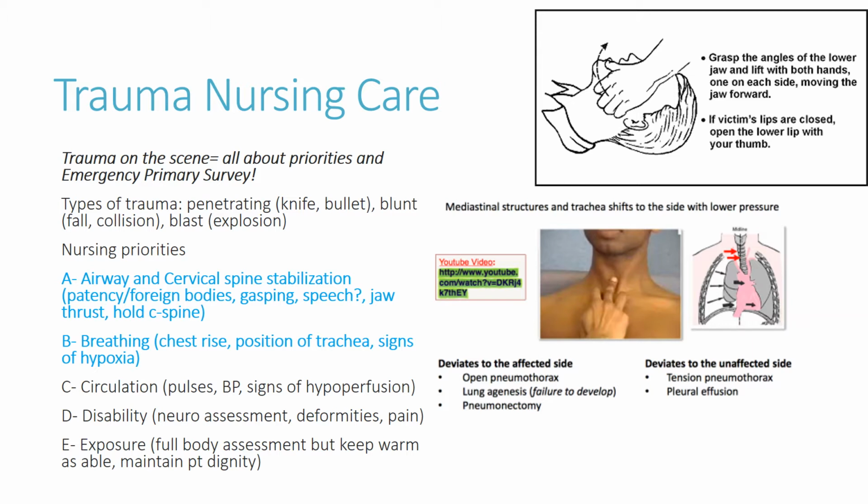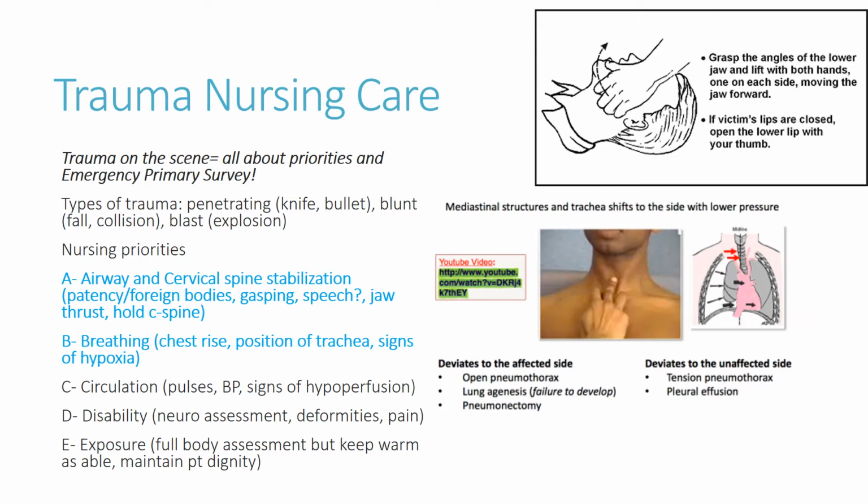So in the case that the airway is compromised, the nurse would perform a jaw thrust. And notice this is different than what you may have heard in your CPR courses, for instance, that head tilt chin lift. Because you can see here, along with assessing airway, we're stabilizing their cervical spine. So we don't want to extend their neck with that head tilt chin lift.